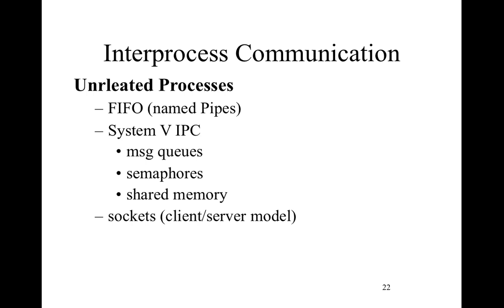So, unrelated processes. That's a typo; the E and the L are switched around. Unrelated processes. First in, first out, named pipes. Take this with a grain of salt, because some Unix systems support named, anonymous, generic, and you've got all this terminology for a pipe.